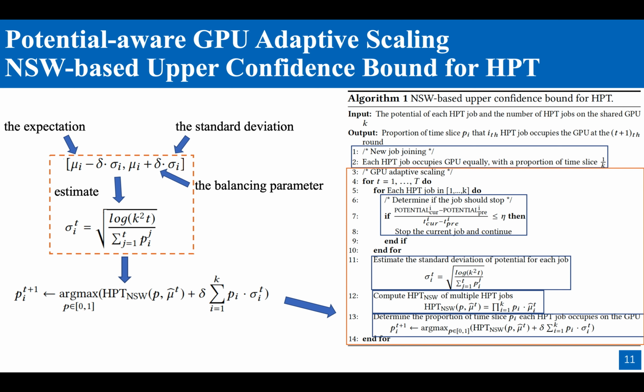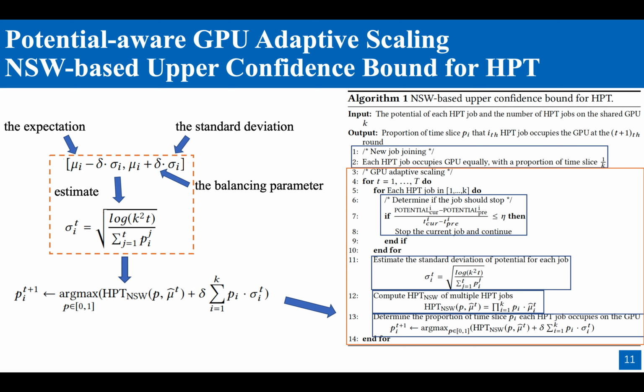Mu and sigma are the expectation and standard deviation respectively. The standard deviation responds to the degree of volatility of the expected reward. The parameter beta plays a balancing role, regulating the risk of reward uncertainty due to the standard deviation.